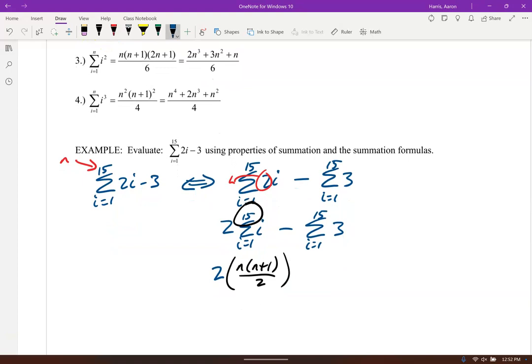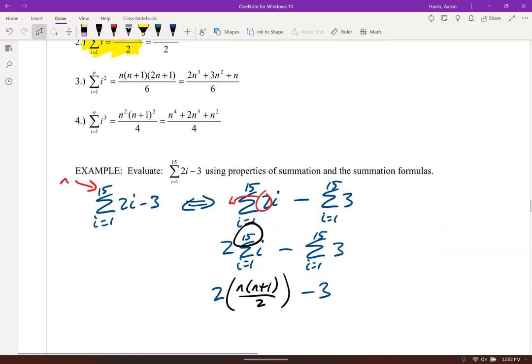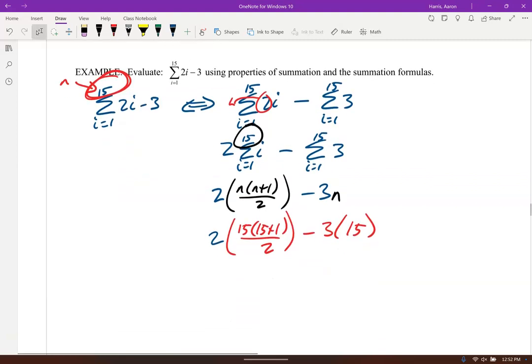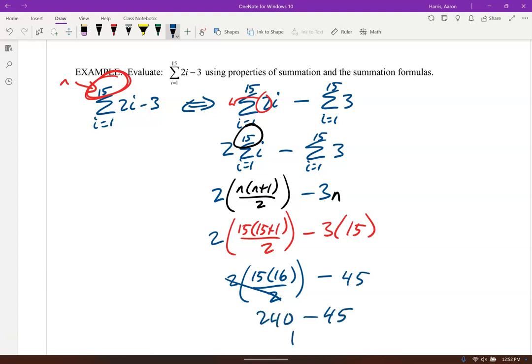So minus 3 times n. Again, n is 15. So let's plug the 15 in. We've got 2 times 15 times 16 all divided by 2. Notice the 2's cancel there. Minus 45. 15 times 16 is 240. So 195.